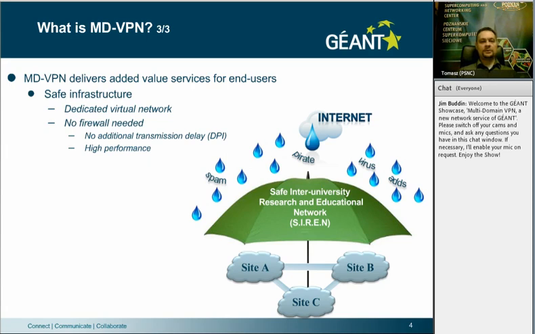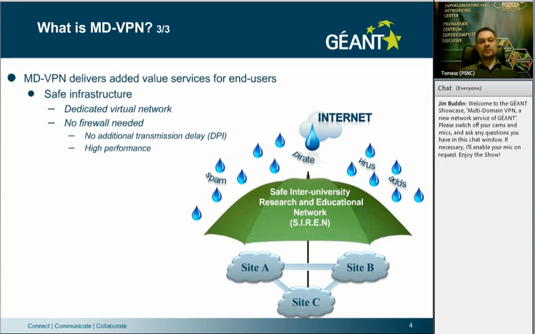Thanks to MDVPN, each end user can request or get a dedicated virtual network in order to exchange data between different sites. Because the network is logically separated, there is no strong need for firewalling the traffic exchange between sites.